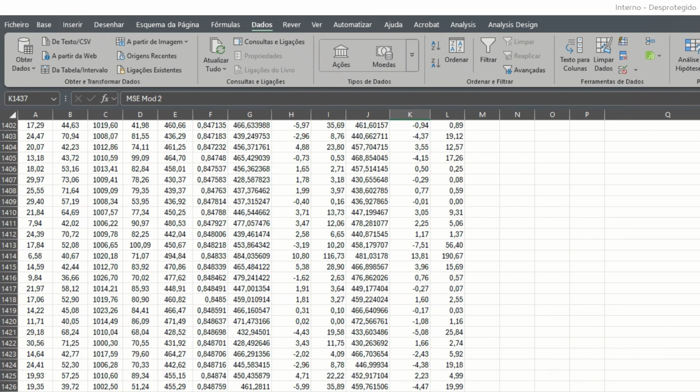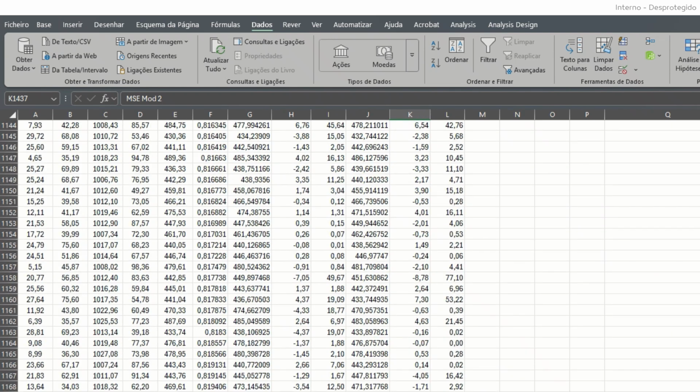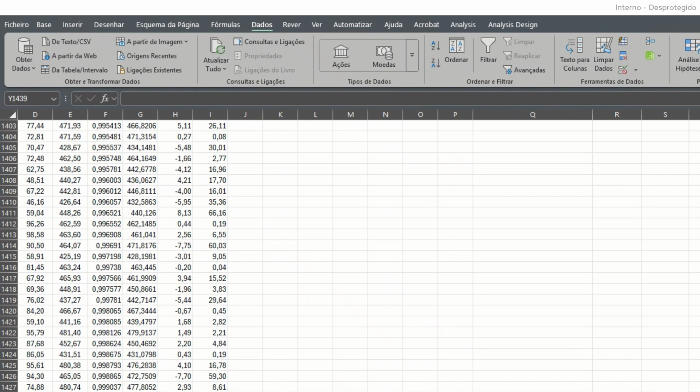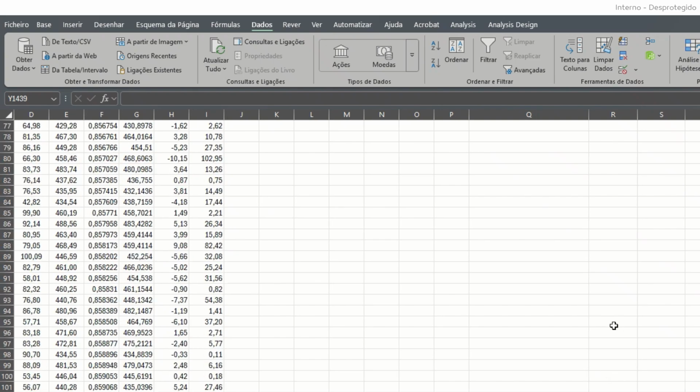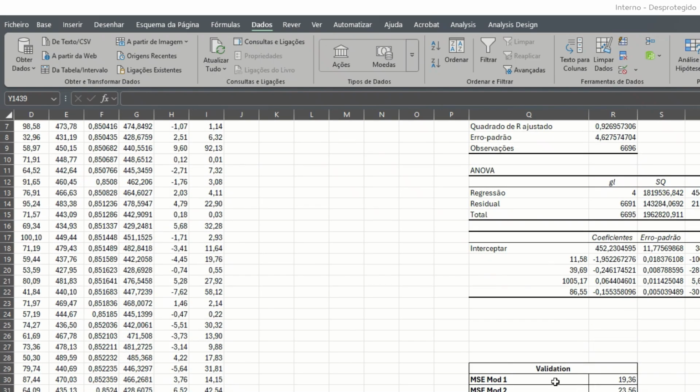And when calculating the mean squared error, here I have the summary of everything. When calculating the mean squared error of model 1, the value in the validation is 19.36.